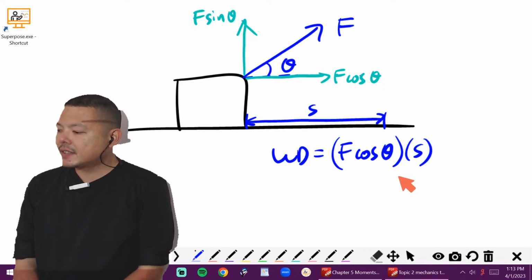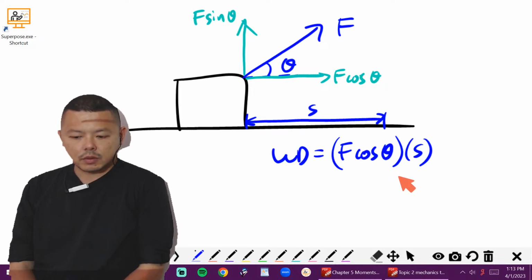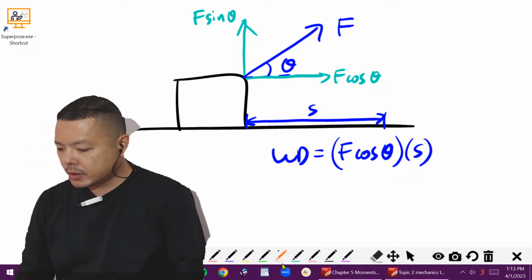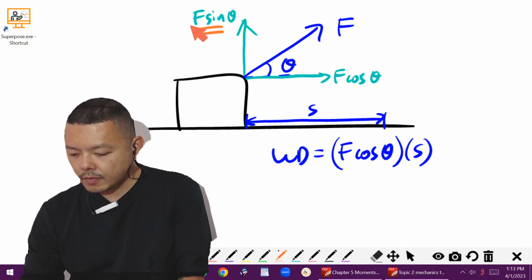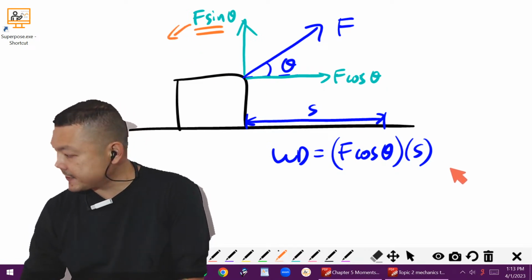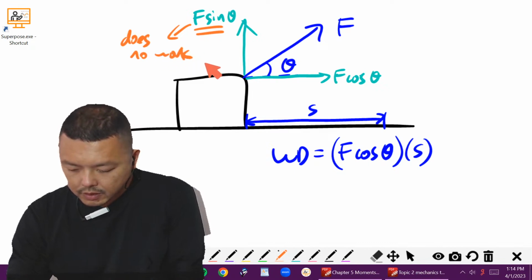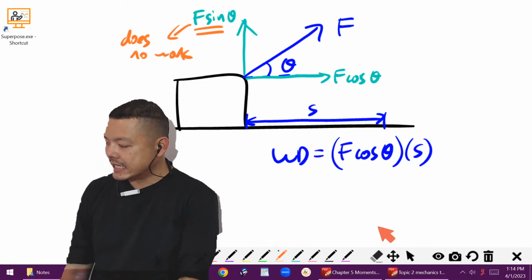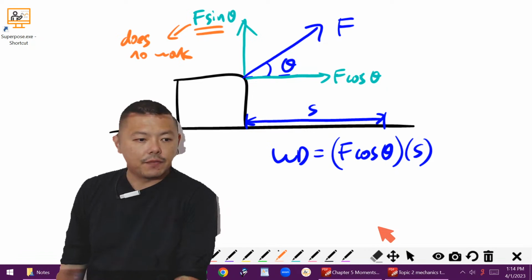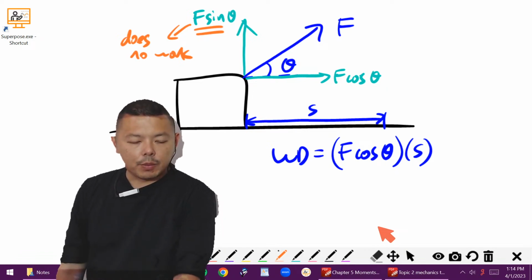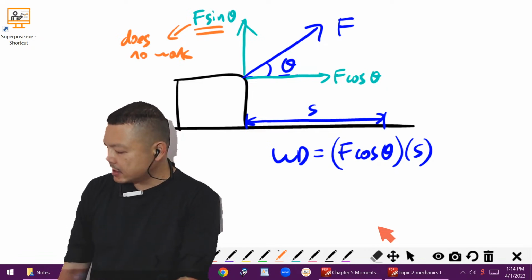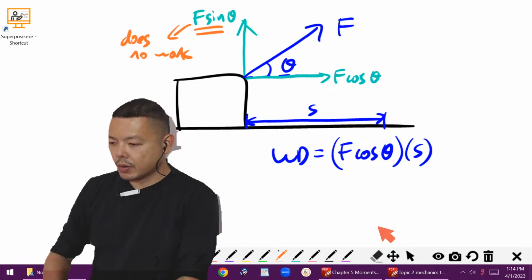So what does the F sine theta do? You have to declare that this component F sine theta does no work. The work done by the F sine theta is 0. That means a force is applied, but the object did not move in that direction, so the work done is 0.